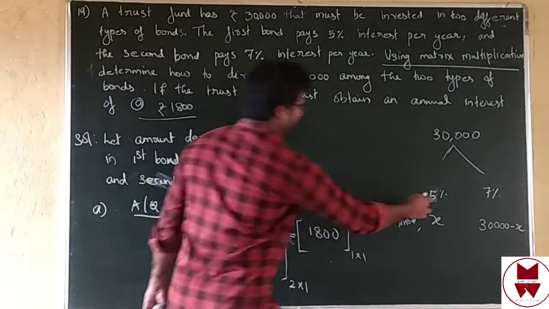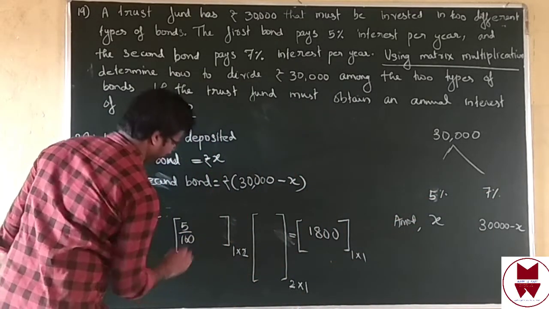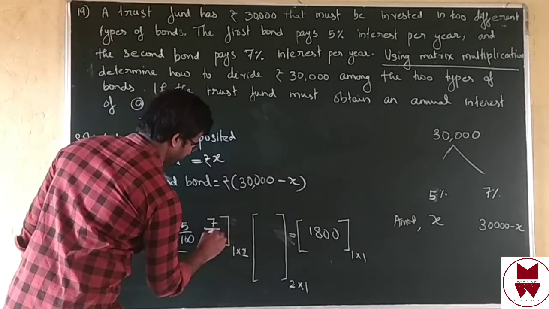Then given data we can write 5%, 7%. Here we can write 5% as 5 by 100, and 7% means 7 by 100.